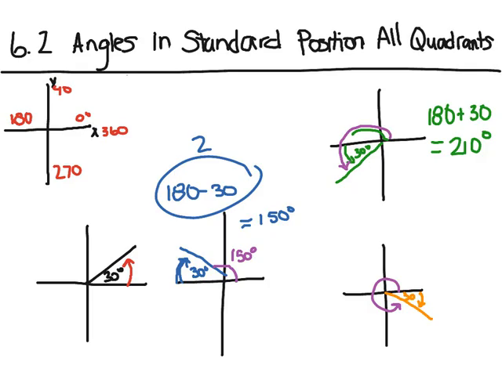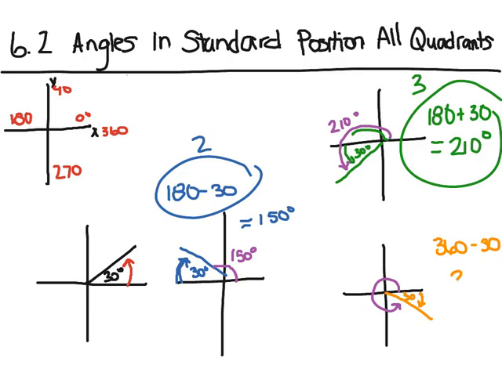So this angle right here is 210 degrees. And this is how you find quadrant 3. For quadrant 4, all we have to do is take 360 and subtract our angle, which is 30 degrees, and we get 330 degrees. So this angle is 330.